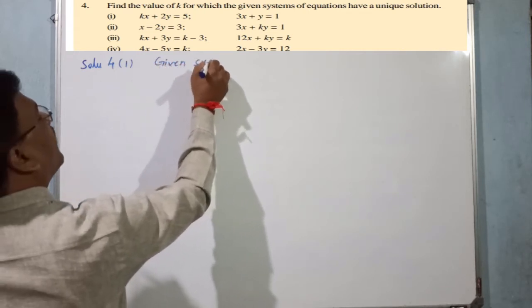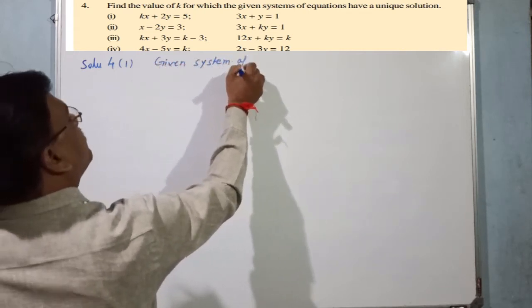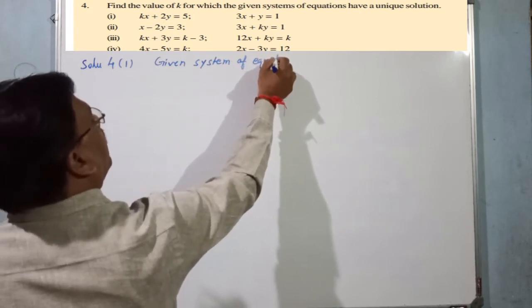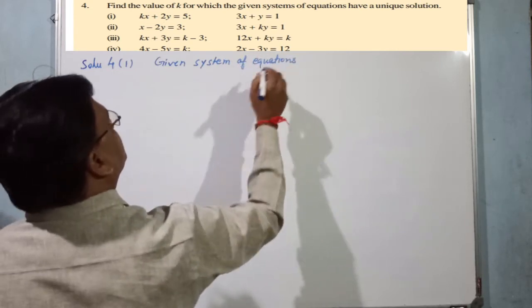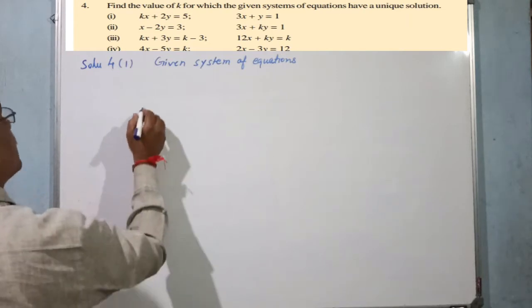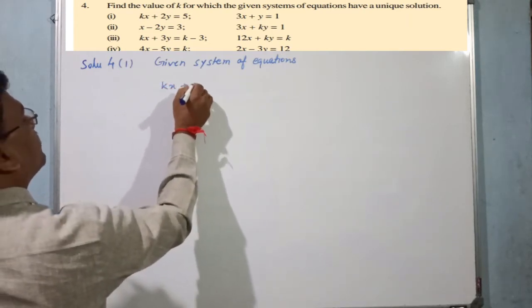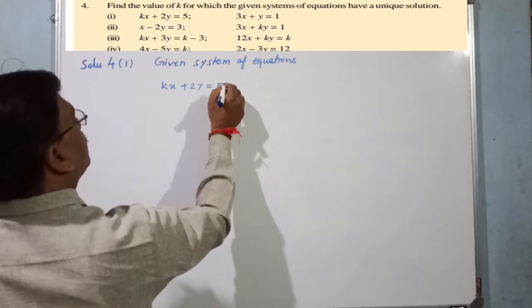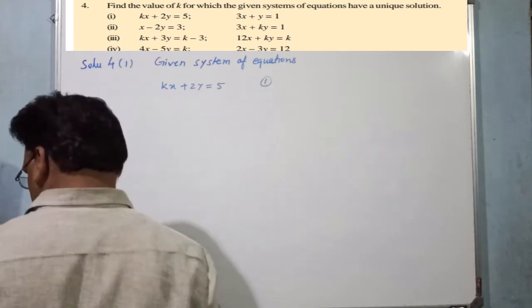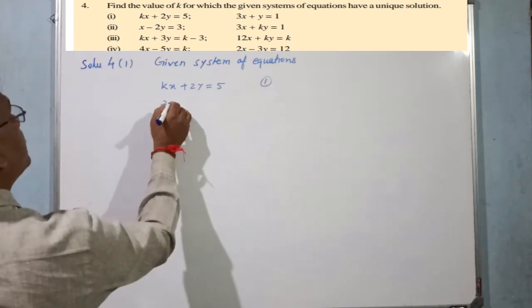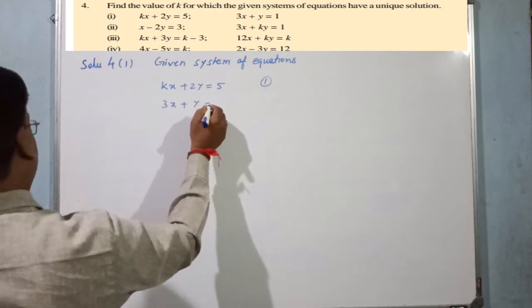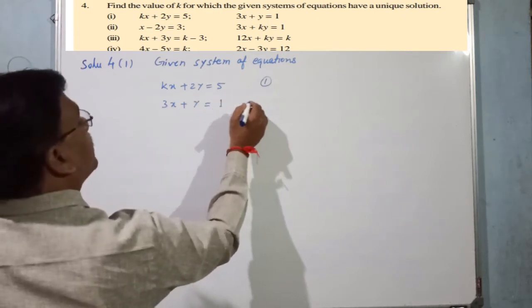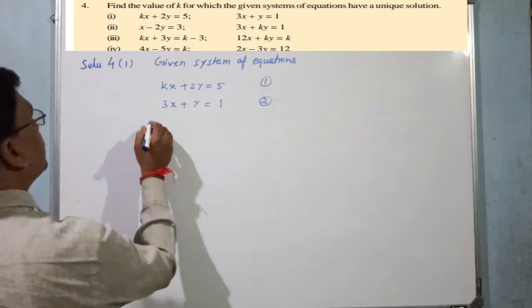Given system of equations: kx plus 2y is equal to 5, equation 1, 3x plus y is equal to 1, equation number 2.